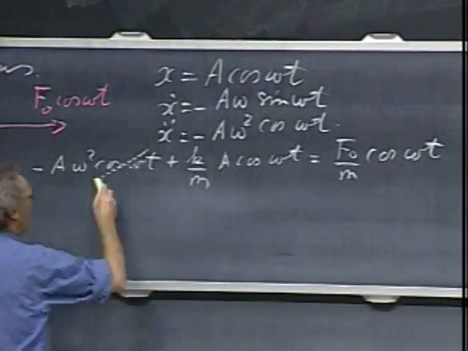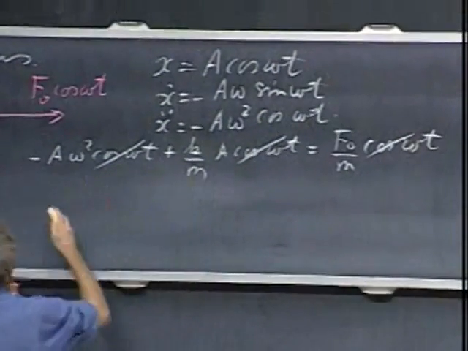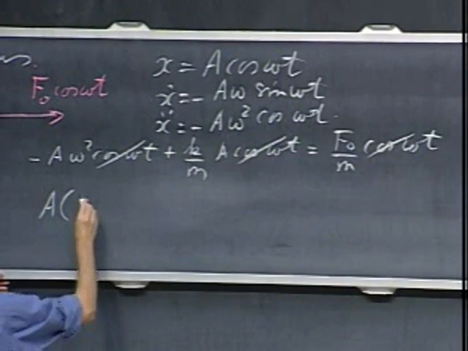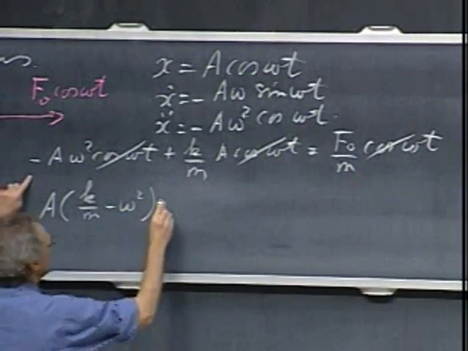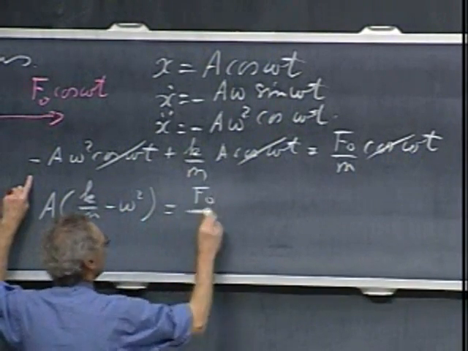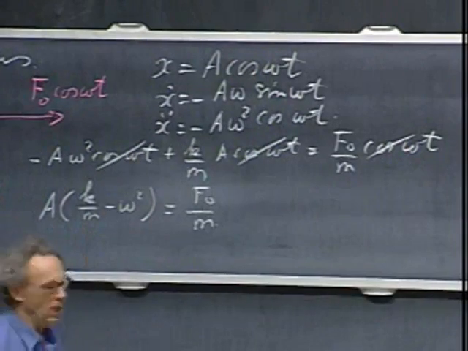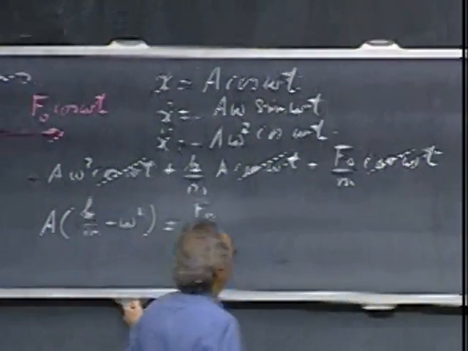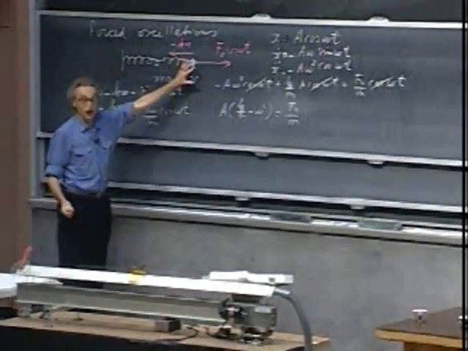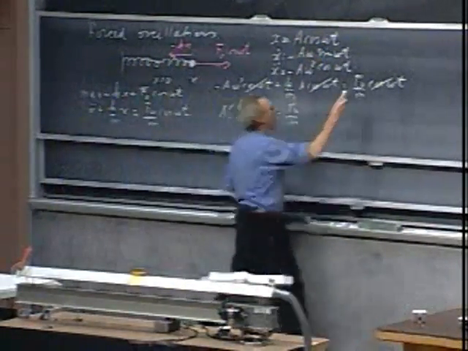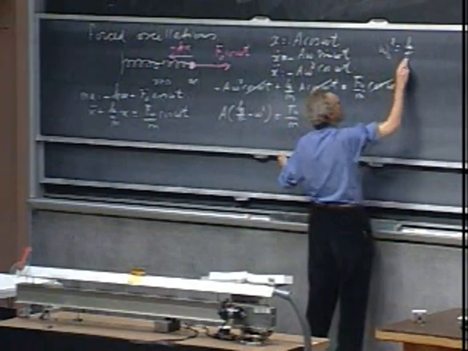So therefore, I can divide out my cosine omega t. I can bring the A's together. So I get A times k over m minus omega squared equals F0 divided by m. Now this k over m is something that we are familiar with. If we let this system do its own thing, we bring it away from equilibrium and we don't drive it, then we know that omega 0 squared equals k over m.